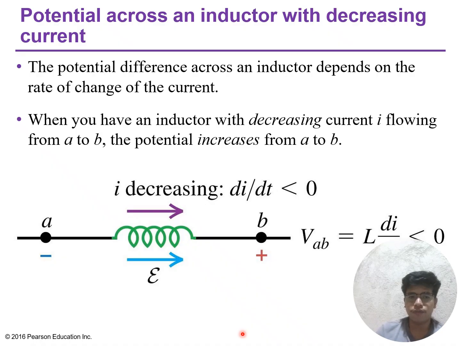Then if current flows from A to B, then V subscript A is less than V subscript B, creating a back EMF that tries to maintain current. Magnitude is V subscript L is equal to L times the absolute value of di/dt.